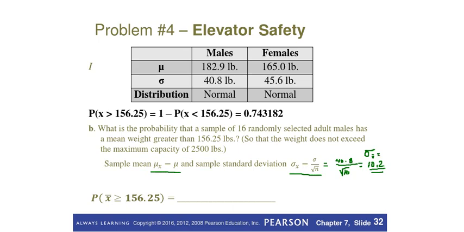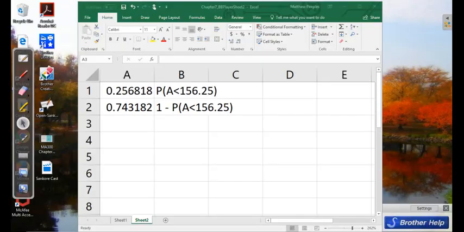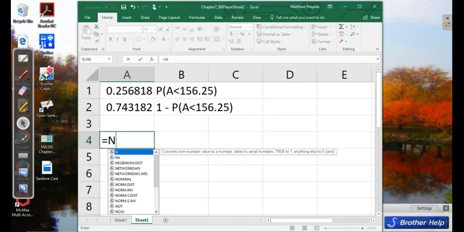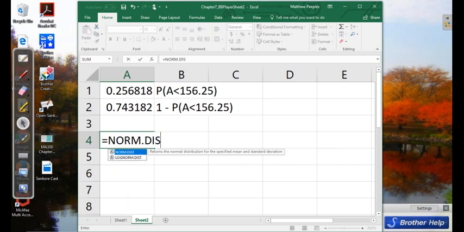All right, how does that change our calculation? Well, let's go to Excel and find out. This time we're going to take norm.dist, and we're going to choose a weight of 156.25, a mean weight for the population of 182.9 pounds, but this time a standard deviation of 40.8 divided by the square root of 16.